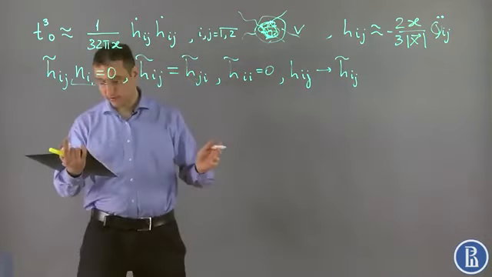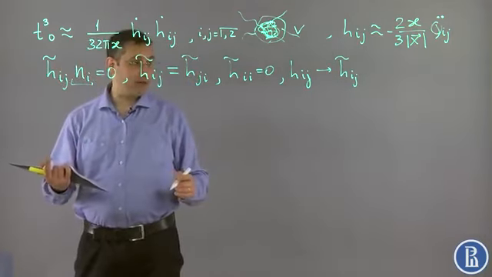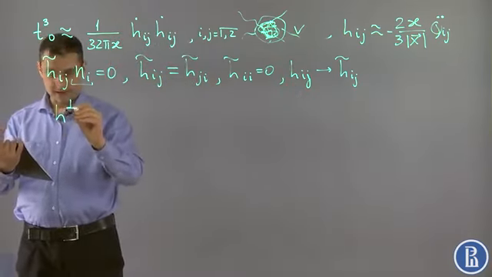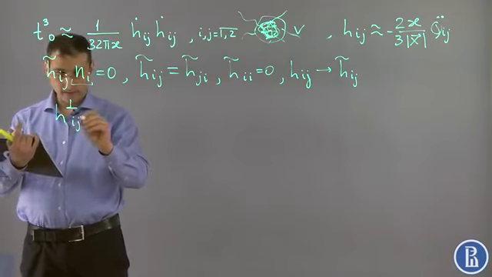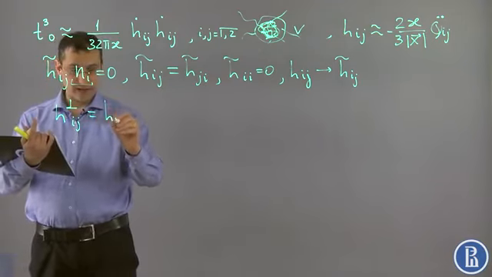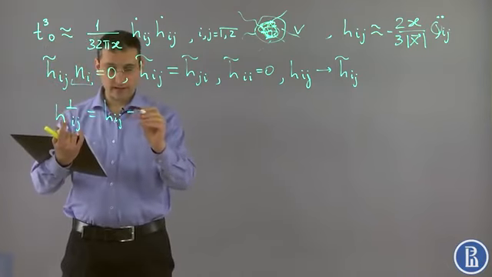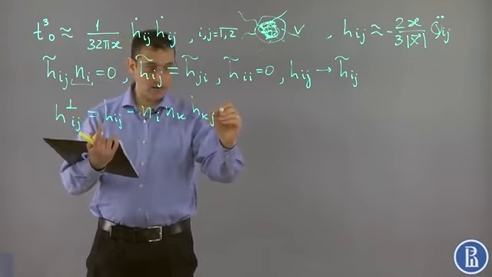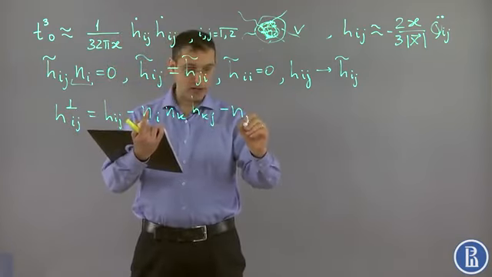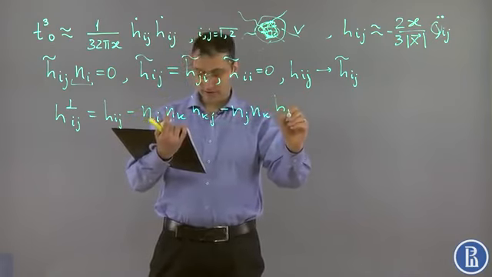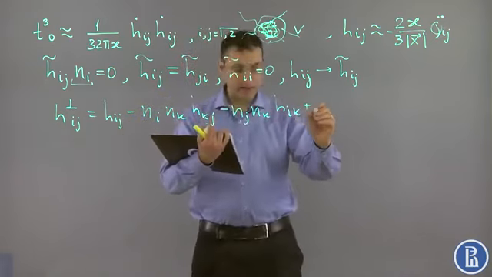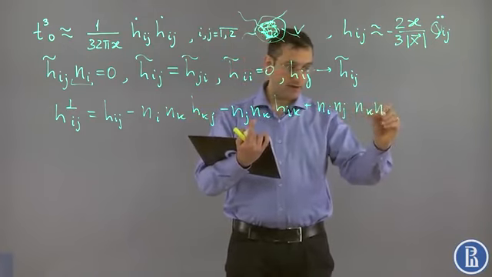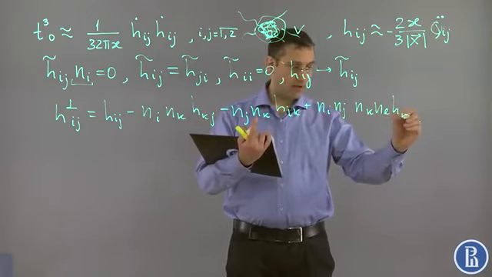So from an arbitrary hij, we want to construct such an hij twiddle obeying these conditions. The tensor that is tangential to n has the following form: hij minus ni nk hkj minus nj nk hik plus ni nj nk nl hkl.